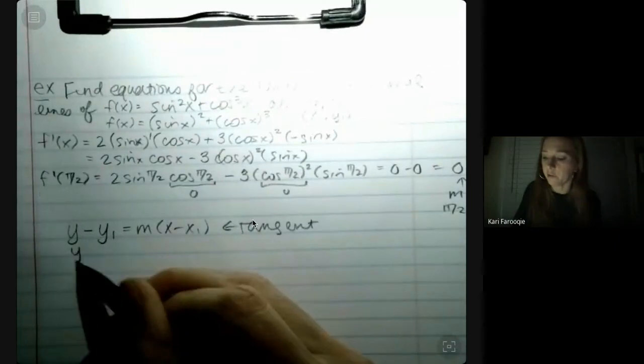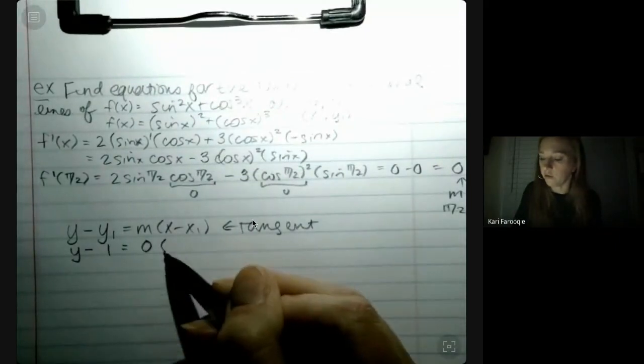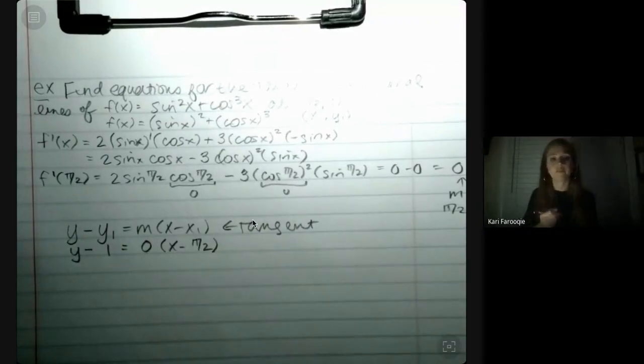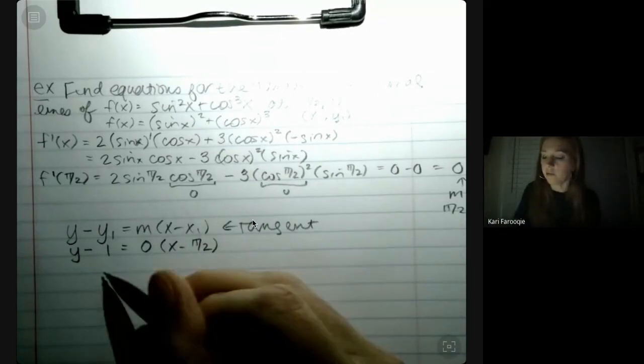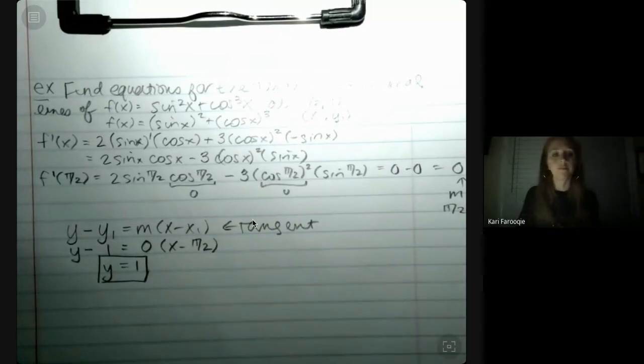And you've done this a lot by now. So we'll have y minus y sub 1 equals m, which is 0, times x minus pi over 2. Now, the 0 just gives you 0 on the right-hand side. Add 1 to both sides, and you get y equals 1.